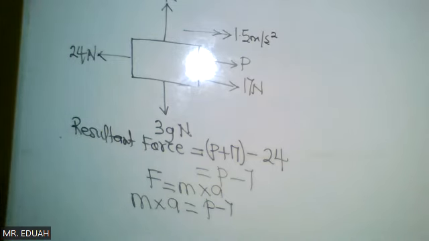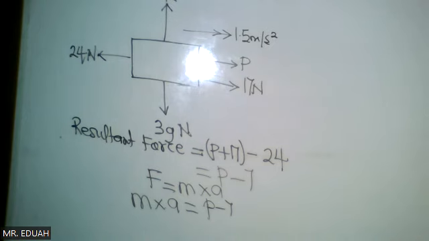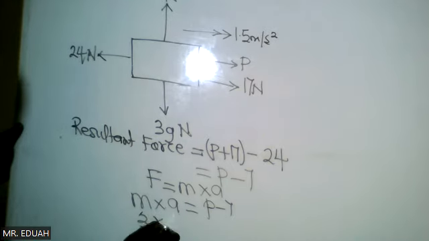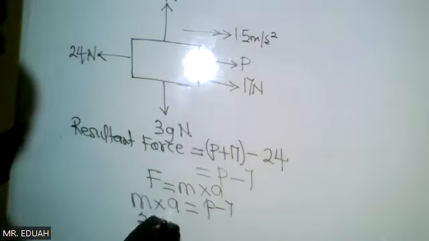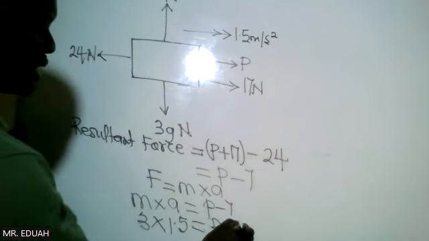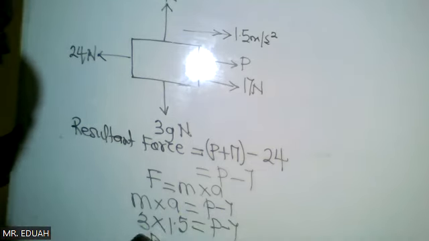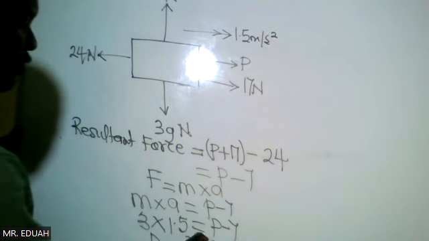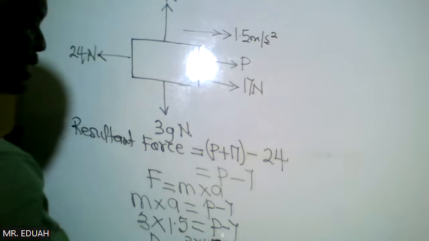What is the mass? The mass is given as 3. So 3 times the acceleration, which is 1.5, would be equal to P minus 7. Therefore, P would be equal to 3 times 1.5 plus 7.